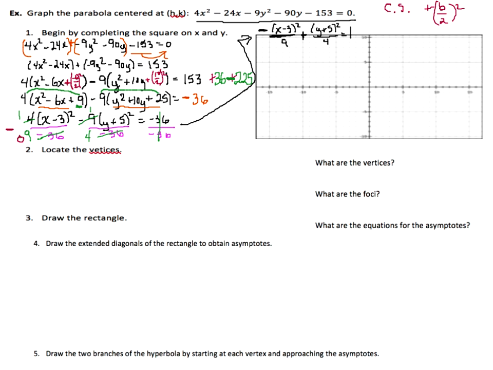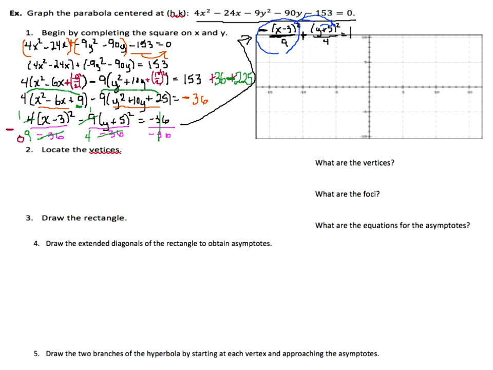However, this is still not in standard form. I need to flip-flop my terms. I don't want to lead with a negative term, so I'm going to flip-flop these and finally end up with my standard form of my equation. I'm going to delete this at the top corner so I have room.